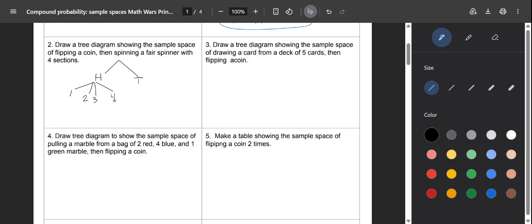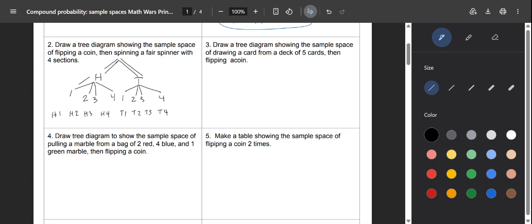If I flip my coin and get tails, I could also spin my spinner and get 1, 2, 3, or 4. So my options are heads 1, heads 2, heads 3, heads 4, or going down this way, tails 1, tails 2, tails 3, tails 4. So you can see I have 8 total possible events in my sample space.